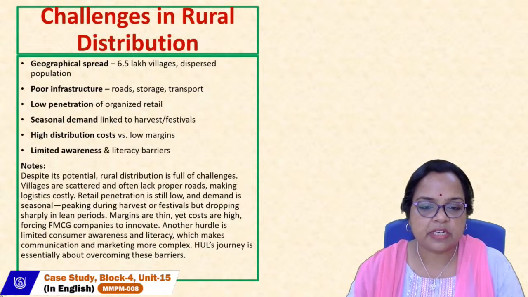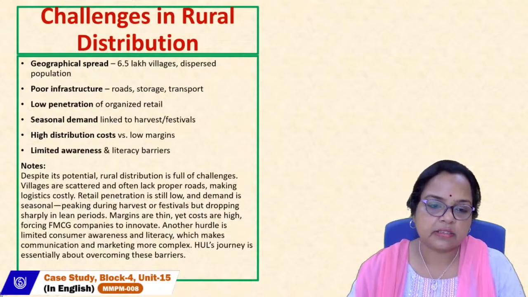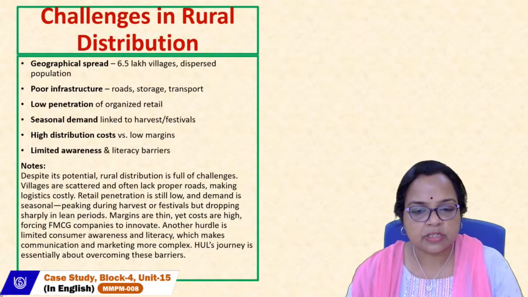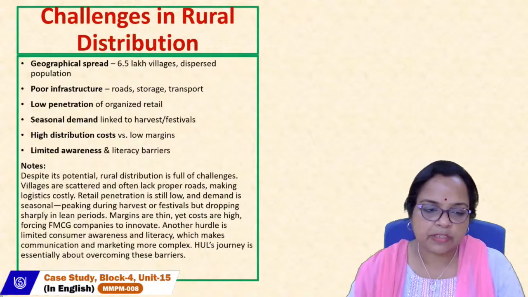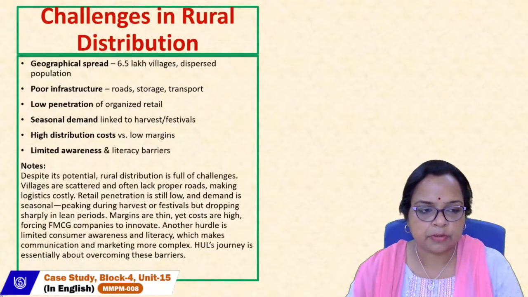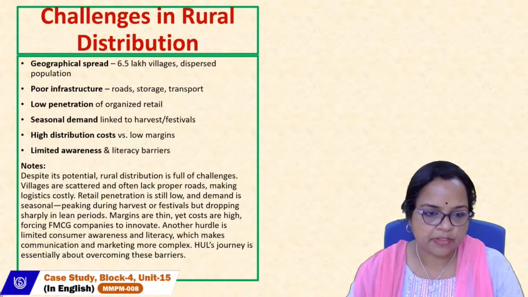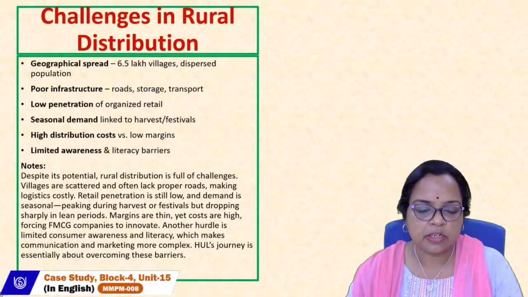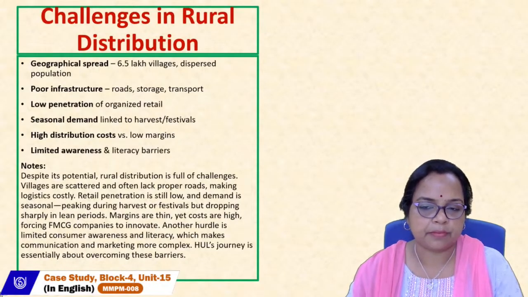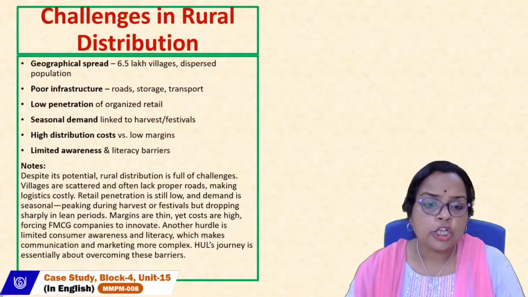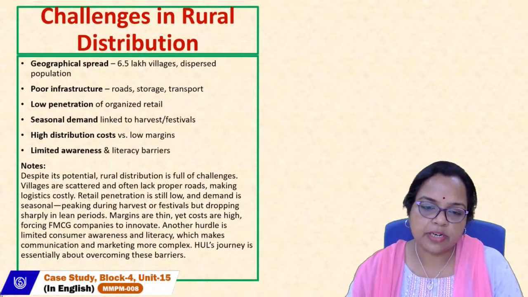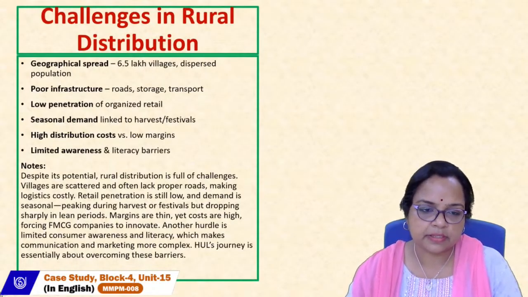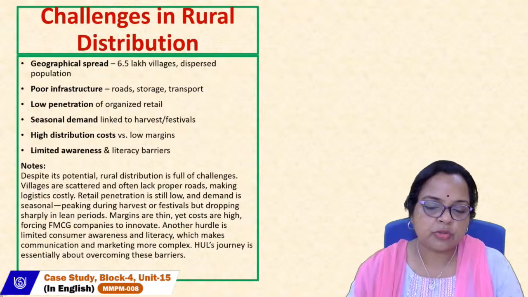Retail penetration is still low and demand is seasonal. Demand is always seasonal. In the previous unit we discussed that demand usually goes to a higher level during harvesting time or festival time. At other times of the year it is lower than the normal demand scale. So margins are thin, yet costs are high for the marketers, forcing FMCG companies to innovate.